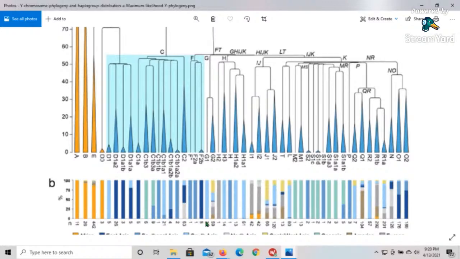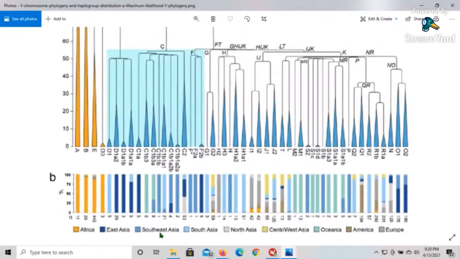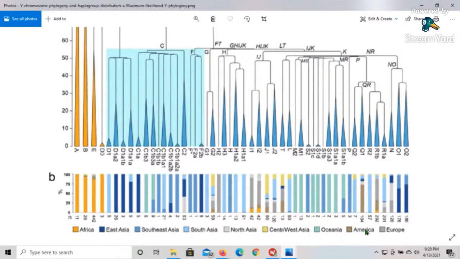That means America, the brown. That means the E Y chromosome is in America with a little bit of percentage. The B Y chromosome, which is Hamitic 2, is in America. And the C Y chromosome, the C3, is not here.